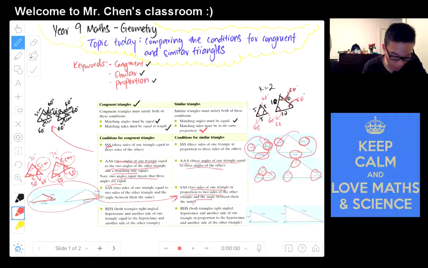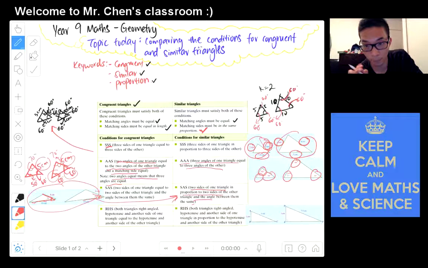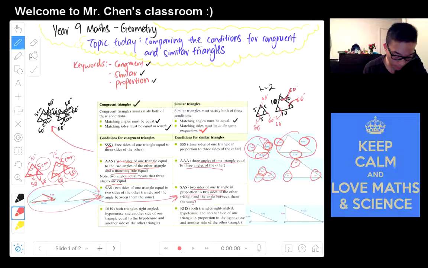We know this is 28, that angle has to match. Then this is 10, the other one is 15. So we need to look at the factor. 15, the larger one, divided by the smaller one, gives you 1.5. Is that the same for the other side? The other side is 4 and 6. So let's see.